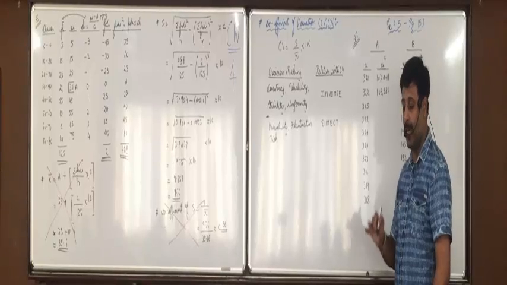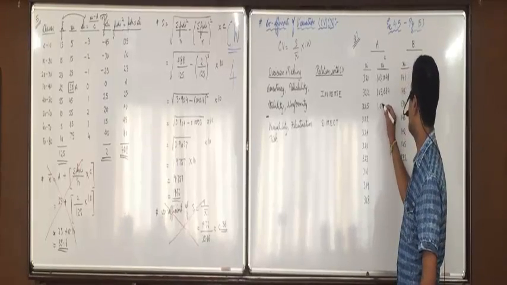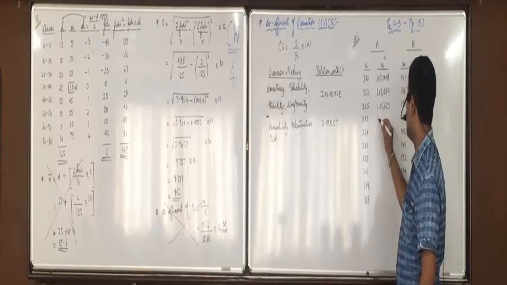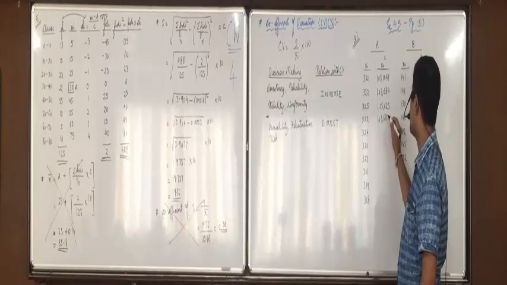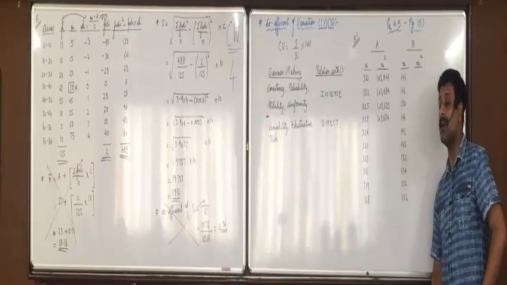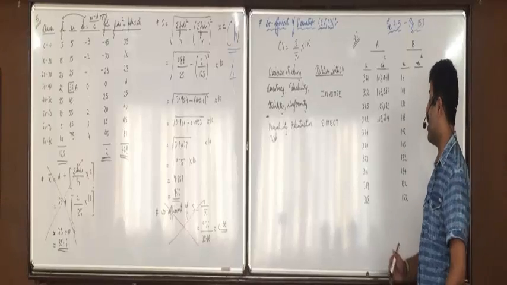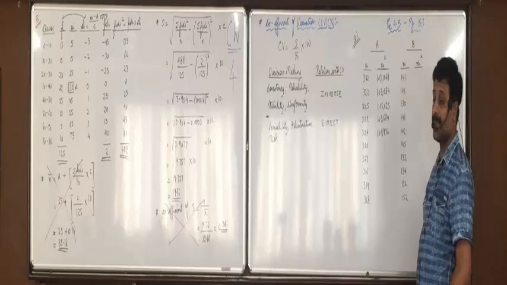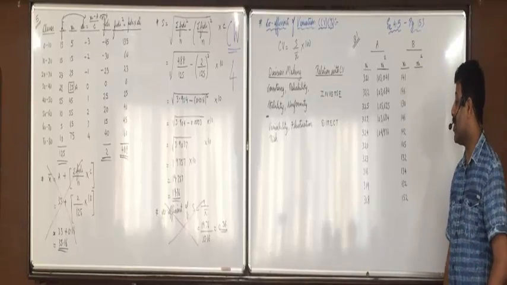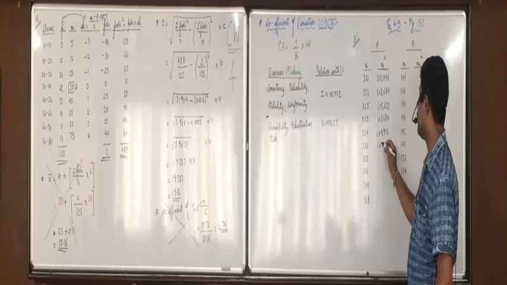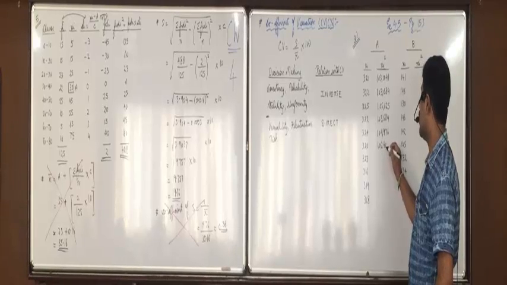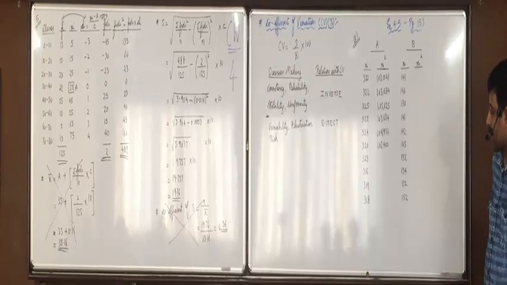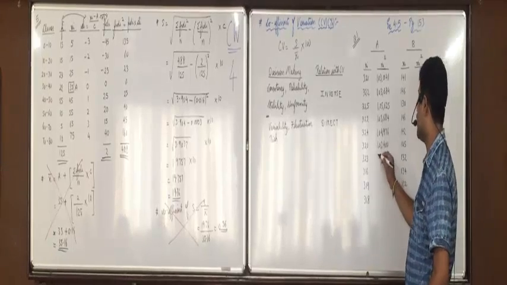Do 325 into M plus. 105625. 322 into M plus. 103684. 324 into M plus. 104976. 320 into M plus. 102400. 323 into M plus.